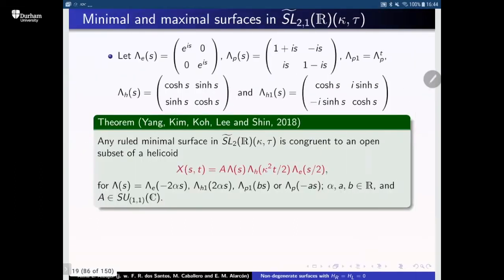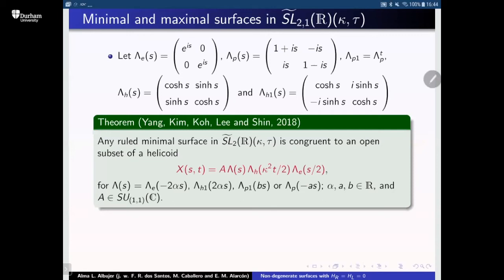And in order to prove our classification, we have another result of these Korean mathematicians that is similar to the case of the Berger sphere. It seems a little bit more tricky maybe, but this is just because of the space where we are working now. So we have four basic curves in the special unitary group, which are these curves here.